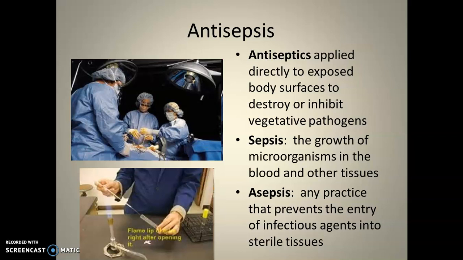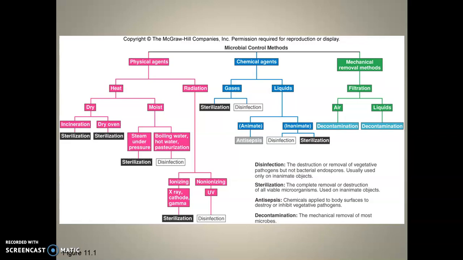So the flaming of our loops before we're transferring bacteria from one plate to another, from a plate to a slide or whatever, that's asepsis. So antiseptic process is like inhibiting growth on body surfaces. Sepsis is when we have growth in the blood, and then aseptic techniques are those techniques we're using in the lab to prevent the movement of bacteria around.